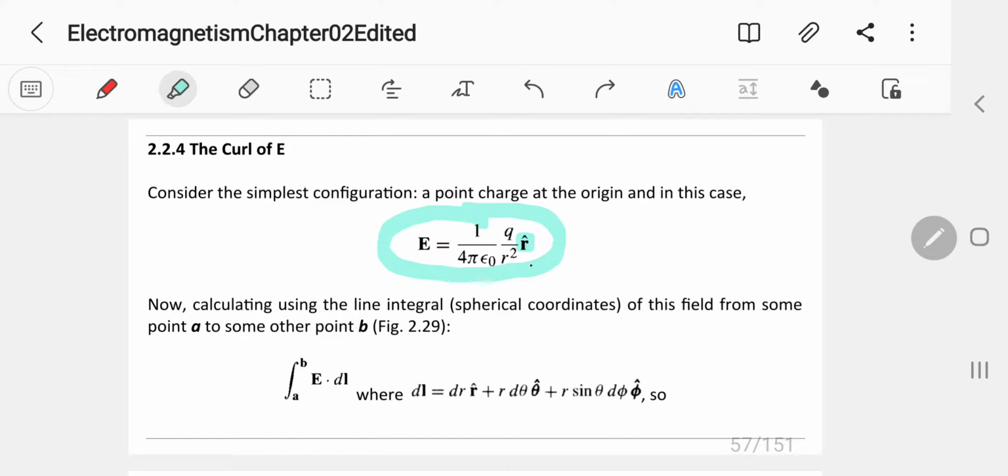So the line integral of the electric field is just equal to the integral of the electric field dot dl. In spherical coordinate system, dl will just be dr r hat plus r d theta theta hat plus r sine theta d phi phi hat. In this case, your electric field is only in the direction r hat, so these terms will not be of use in the integral because they will be dotted to components that have a magnitude of 0.